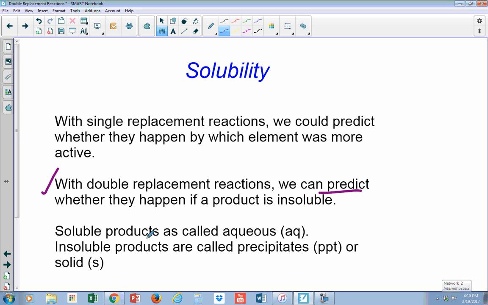If a soluble product dissolves in water, we call it aqueous, and we indicate it as AQ. If something's insoluble and turns into a solid or a precipitate, we either indicate it PPT, or most of the time they just put down an S, which says that it's solid. So what we're really looking for is a change in the state of matter. That'll tell us if the reaction really took place.